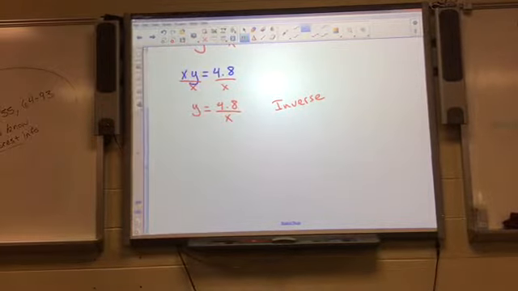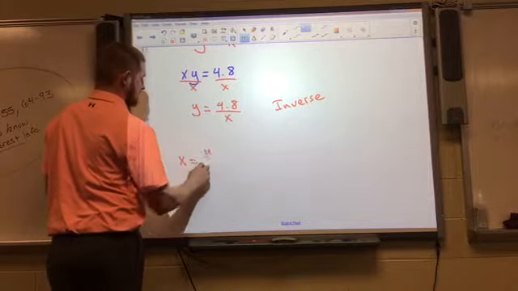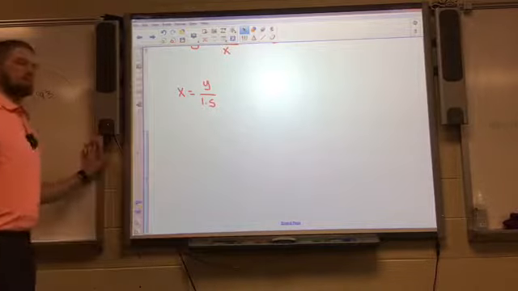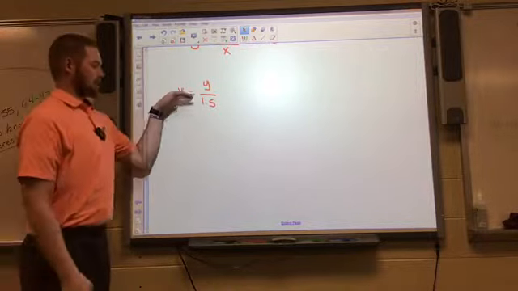Second one, I have x equals y divided by 1.5. Personally, first glance, I think neither. But it's not neither. I wouldn't cross multiply because there's not really a fraction over here.